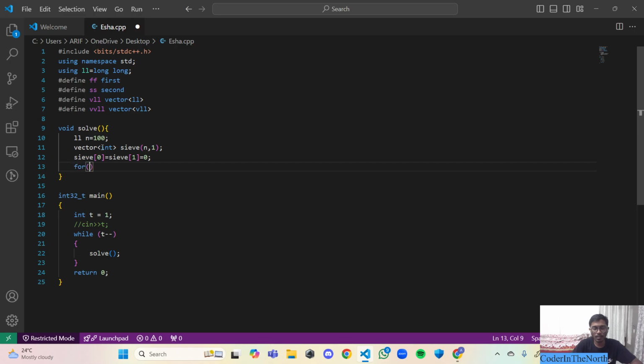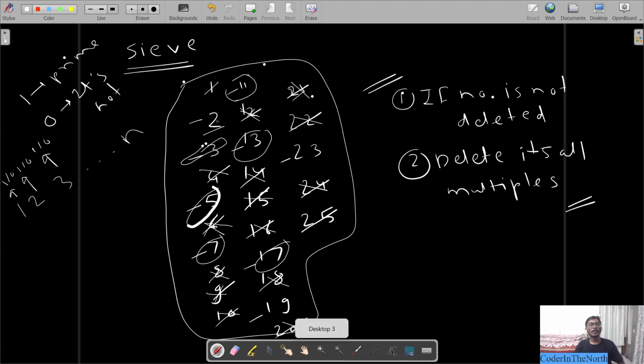Now we'll loop from i equal to 2, i less than n, i plus plus. See, here what we did: if we got a number which is not deleted, we deleted all its multiples.